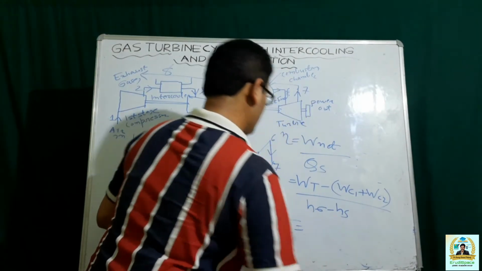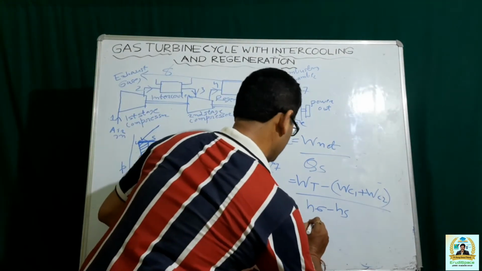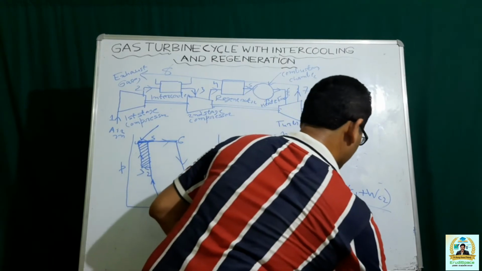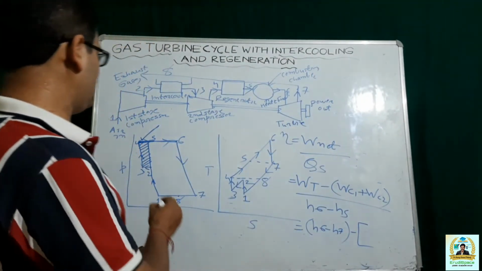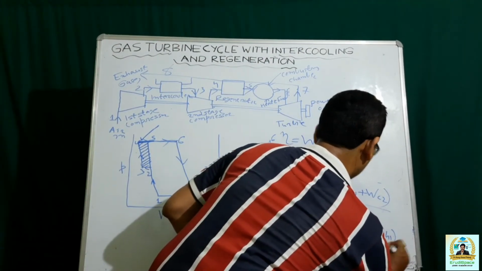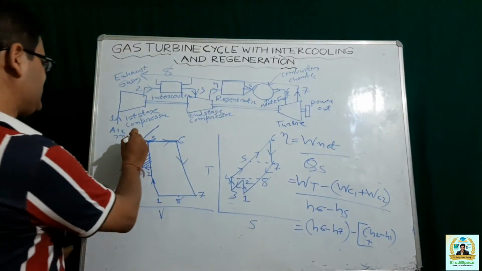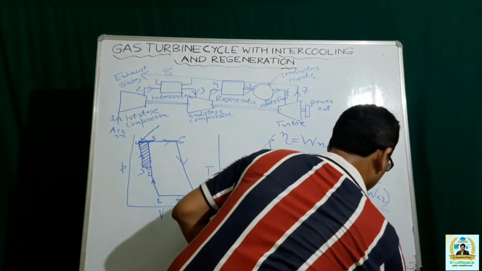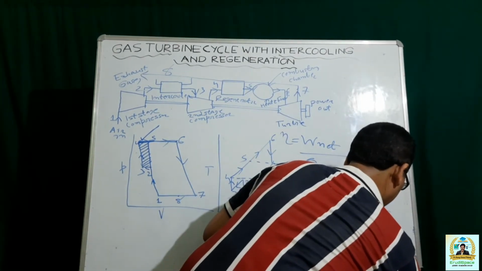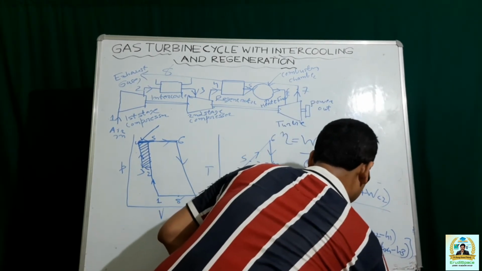Similarly, WT is the work that we obtained, that is H6 minus H7, minus, as far as the compressor work is concerned, H2 minus H1 when you are considering the first stage of the compression, and then you have H4 minus H3 when you consider the second stage, divided by H6 minus H5.